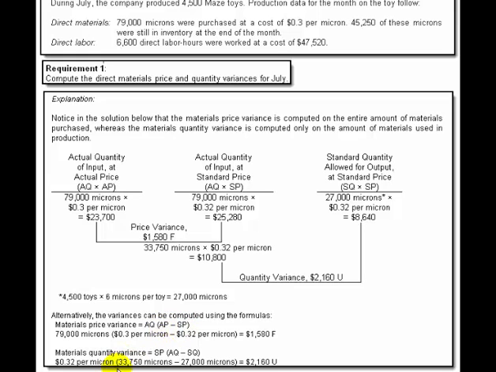For the quantity variance, we would take the standard price, the 32 cents, now we're working this formula here, times the difference between the actual quantity that we used and the standard quantity that we should have used. So we have the 33,750 microns we actually used in production versus the 27,000 we should have. So this is an alternative way, maybe a faster way to solve it, but I do like laying it out in the column approach.